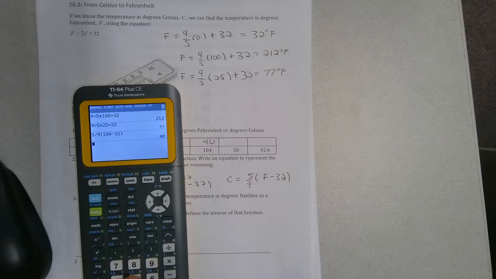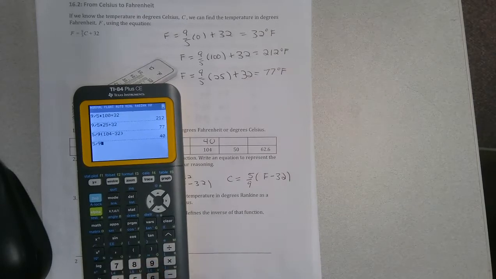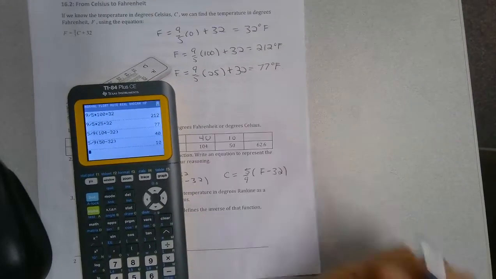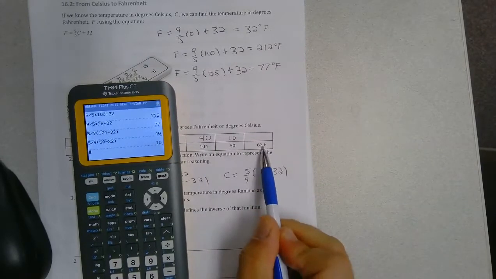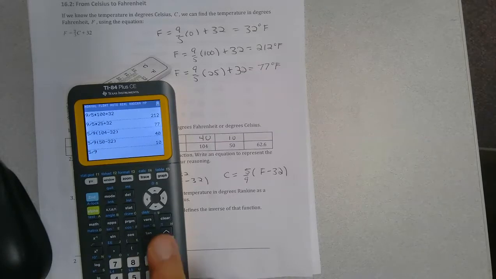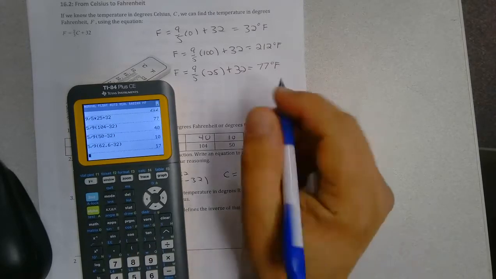We'd go 5 divided by 9 times 50 minus 32, and that gives you 10. And then what if it was 62.6? So 5 divided by 9 times, in parentheses, 62.6 minus 32, and you get 17.